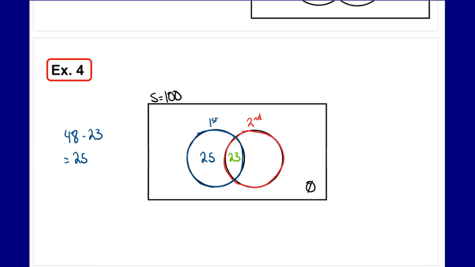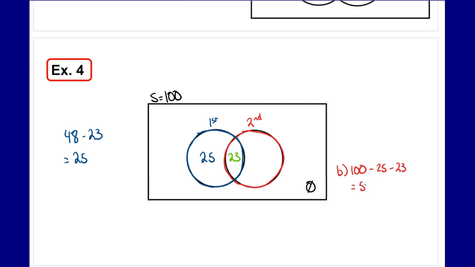And to figure out the second part, for the second dance, if 23 went to both and 25 went to just the first, then the remainder went to just the second dance. So I can actually find part B first, which is only the second dance, because I know that out of 100 students, take away the 25 that just went to the first dance and the 23 that went to both.